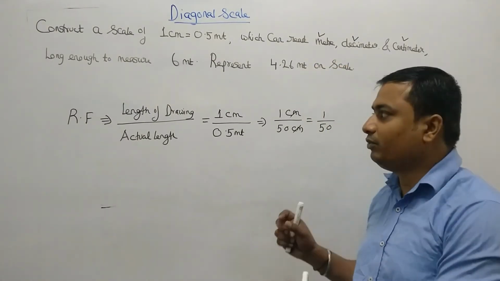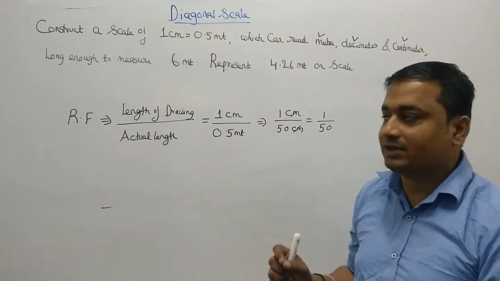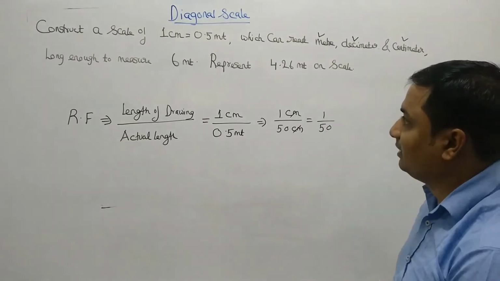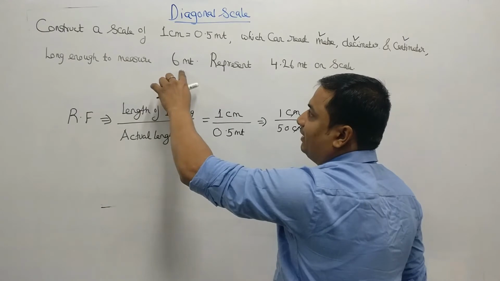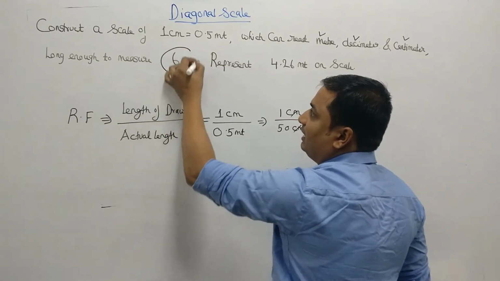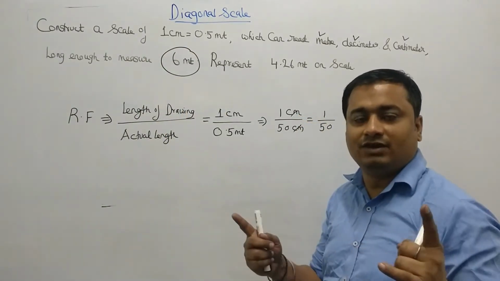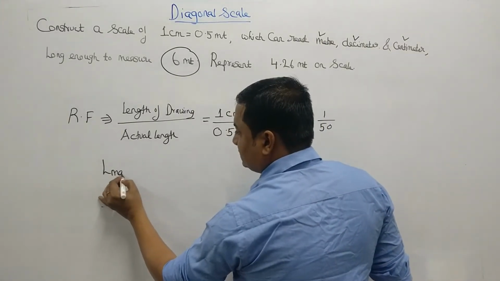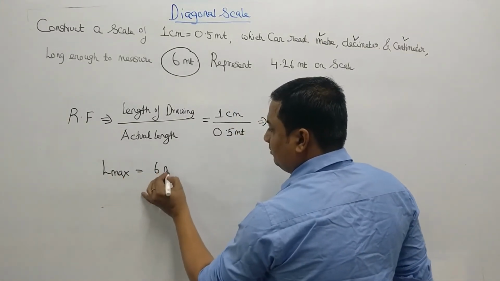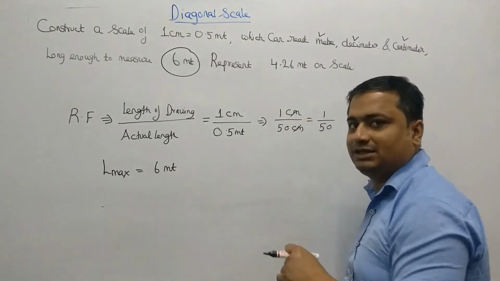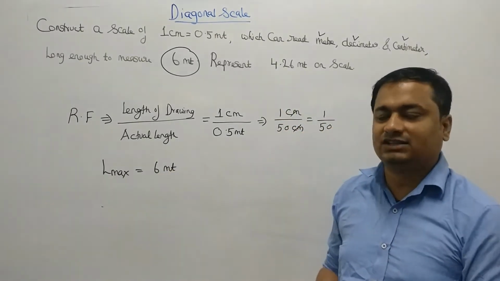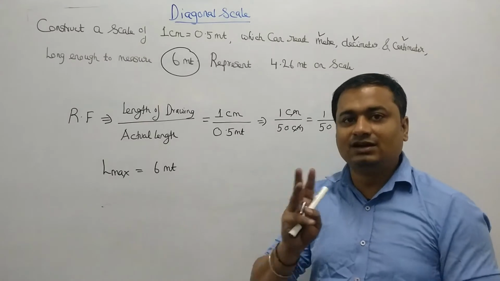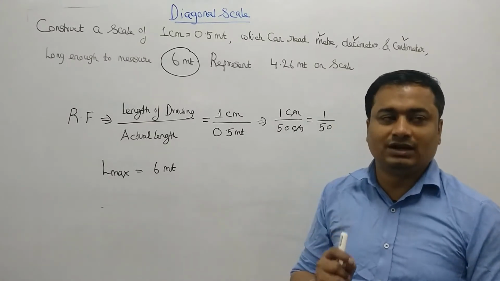So for that we are going to construct the diagonal scale, in meter, decimeter, and centimeter, long enough to measure 6 meters. So 6 meters is the value of L max given to you. This is the second basic requirement, L max, which is already given as 6 meters. The third basic requirement is to calculate the length of scale.